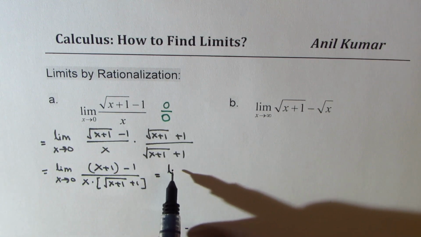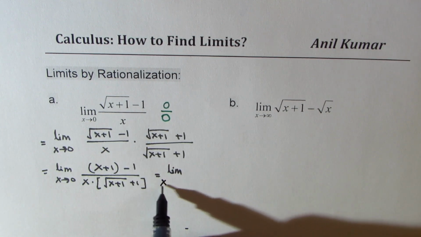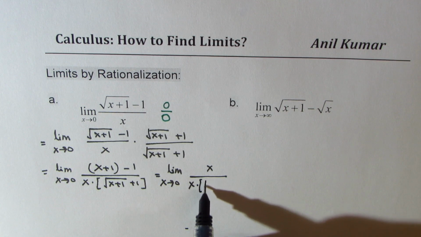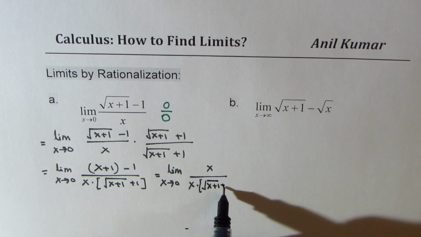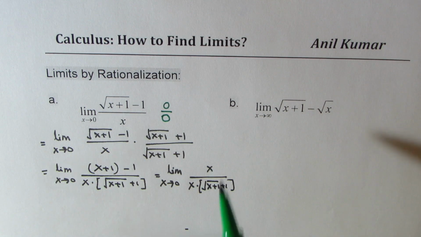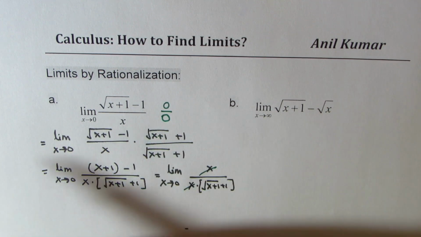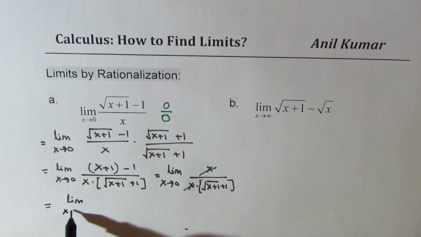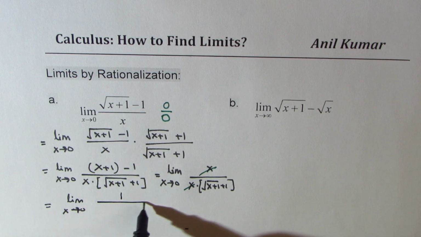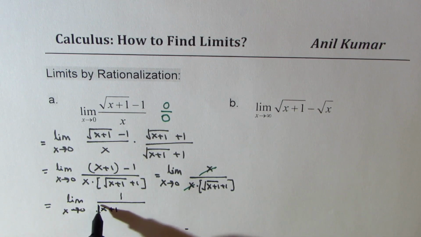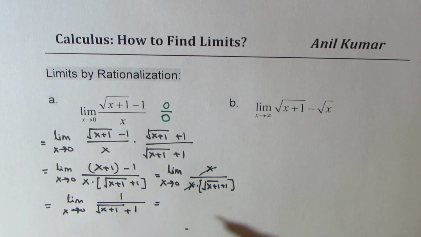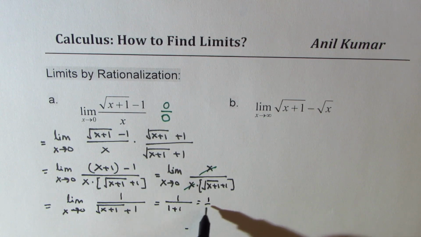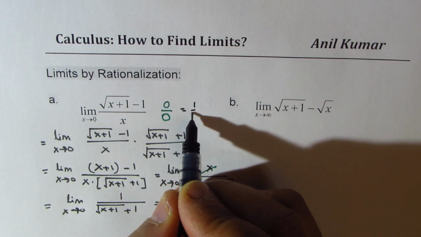So we could write this as limit x approaches 0 of x over x times square root of x plus 1 plus 1. So now we can cancel the common factor x, which was giving us 0 over 0. And it simplifies to 1 over square root of x plus 1 plus 1. Now substituting 0, we get 1 over 1 plus 1, which is half. So this limit is indeed half.